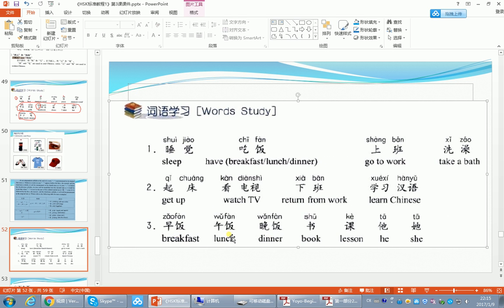Here 早饭, 午饭, 晚饭. Go to work 上班. Take a bus, 洗澡. Get up 起床. Watch TV 看电视. Return from work 下班. Learn Chinese 学习汉语.